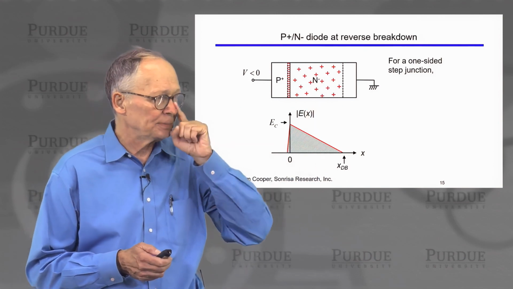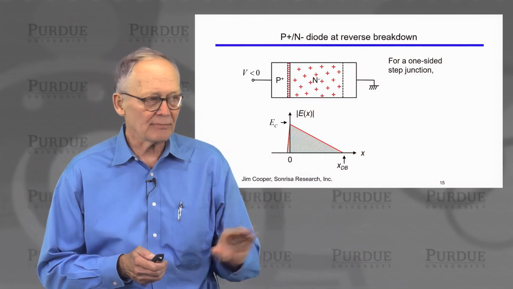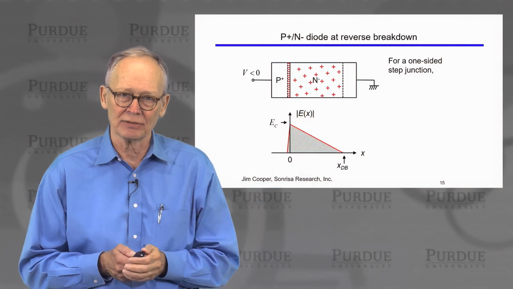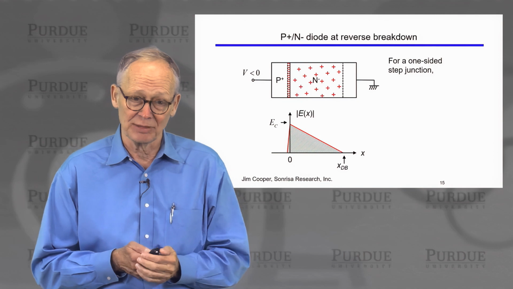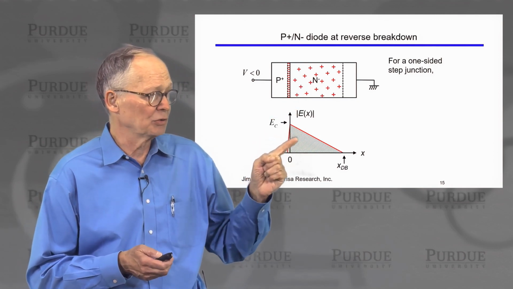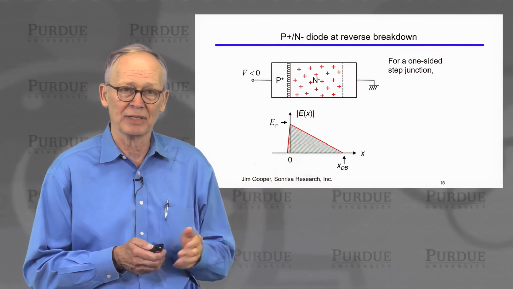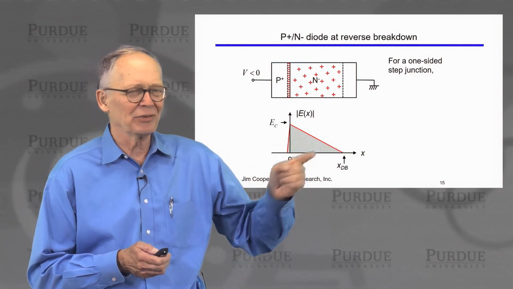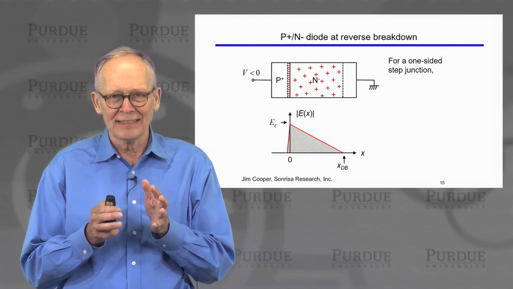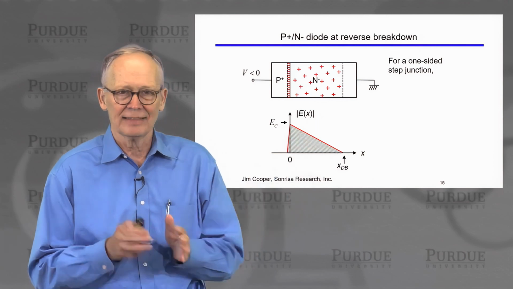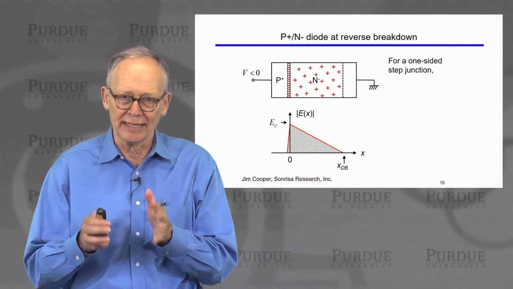So if I have a simple PN diode, we can assume the depletion approximation to find the electric field. We've done the depletion approximation before. The electric field will mostly occur in the lightly doped region. There'll be a very small extent in the heavily doped region. I'm considering a case here where I've designed the device such that the depletion region is exactly the thickness of that lightly doped N region.